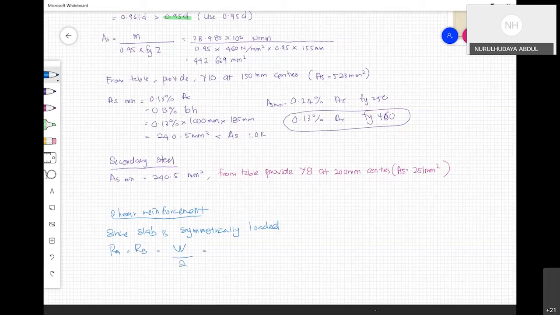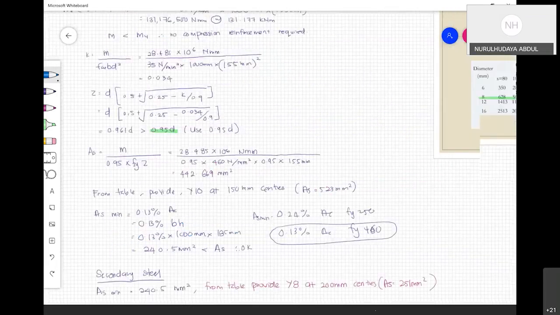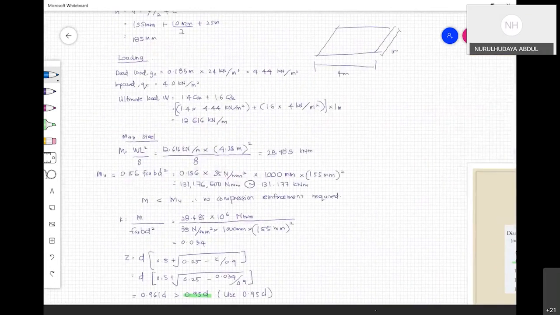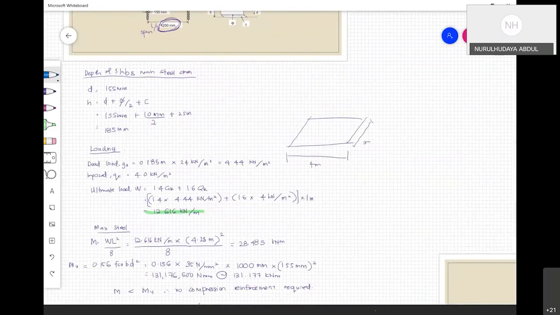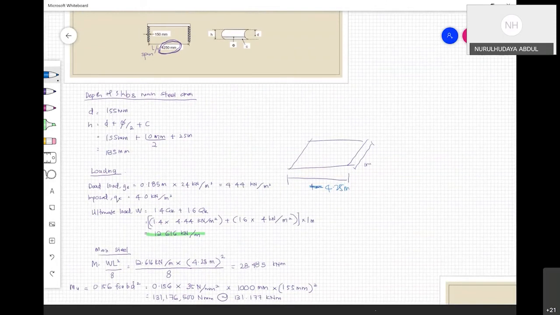Okay, W ni apa? W ni awak tengoklah dekat atas ni. Awak punya W ni adalah 12.616 kilonewton meter. Ini W awak. Okay. So 12.616 kilonewton meter and rupanya kat sini saya salah. Padahal saya mabuk masa kira tadi. Okay. And awak punya length adalah 4.25 meter.